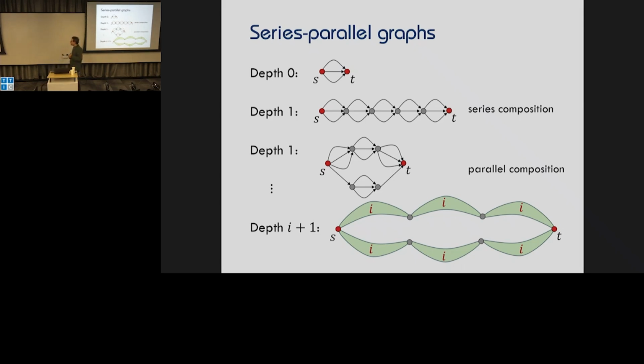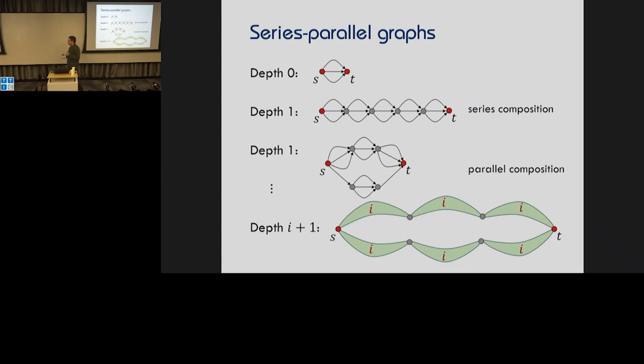We can also take several graphs of depth 1 and combine them in this parallel way, and we still get a graph of depth 1. Then we combine graphs of depth 1 in a serial way, and we get a series parallel graph of depth 2, and so on.